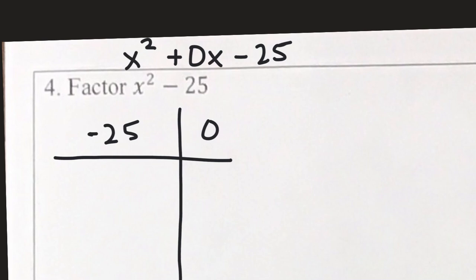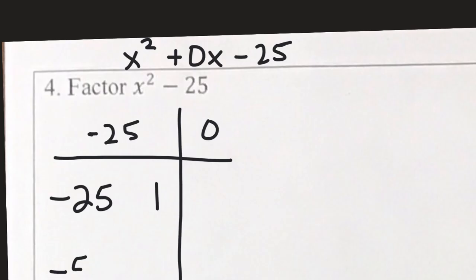I guess the multipliers are going to be negative 25 and 1. Negative 25 times 1 is definitely not 0. What other numbers do we have that multiply to give us negative 25?